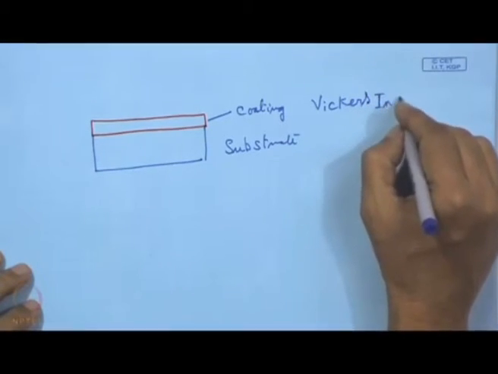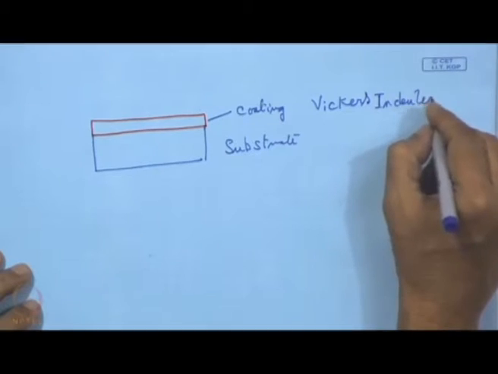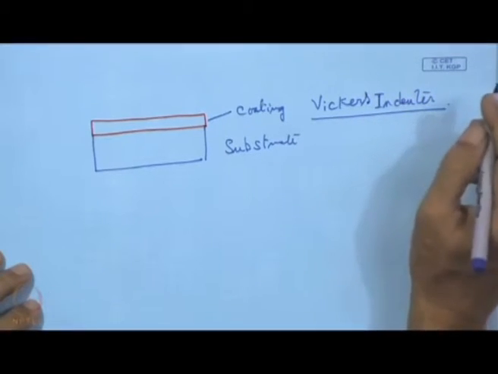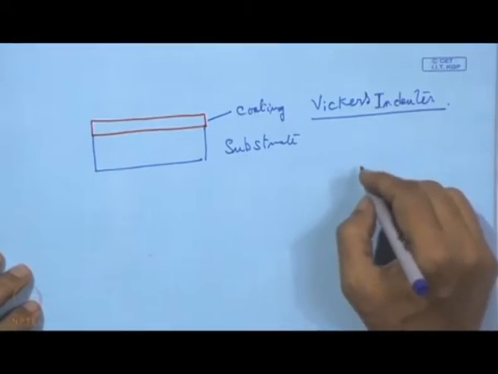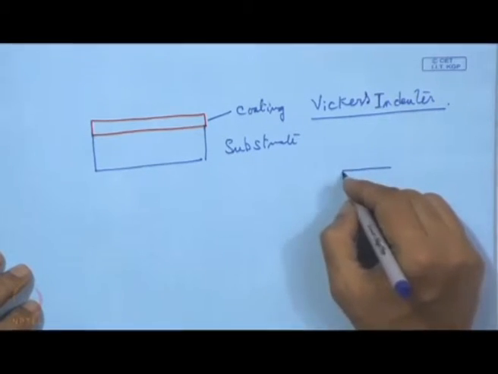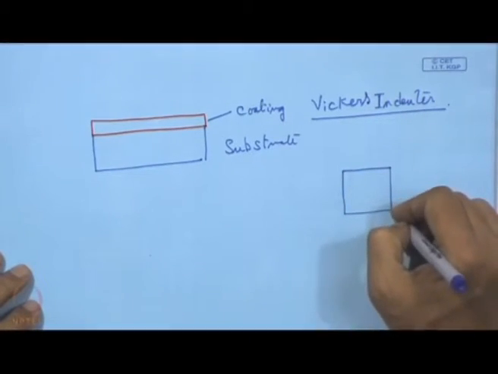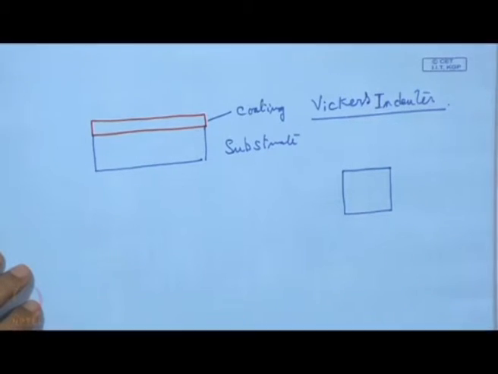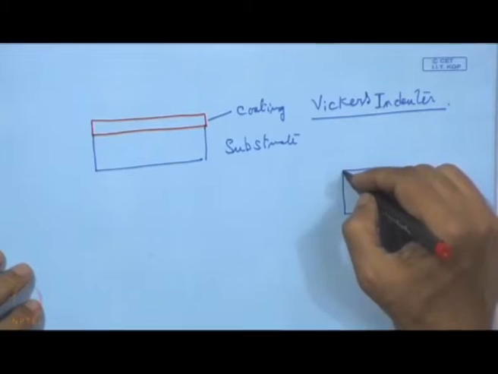indenter, and it is actually a square pyramid. That means, in Brinell a ball is used, say a 10 millimeter diameter ball. In Rockwell we use a diamond cone, but in this case a square pyramid is used as one indenter, and we can show this thing.